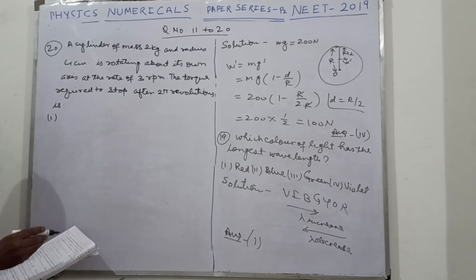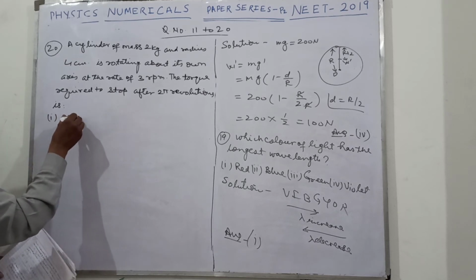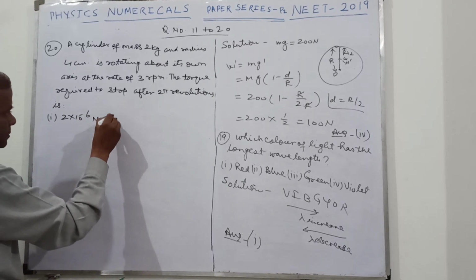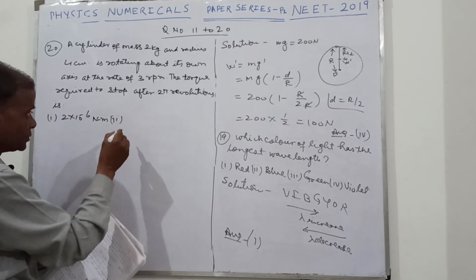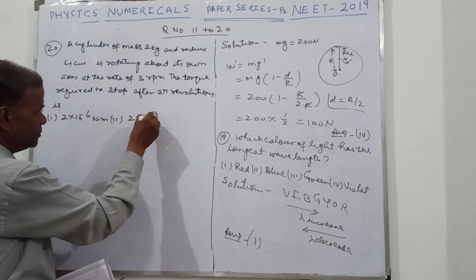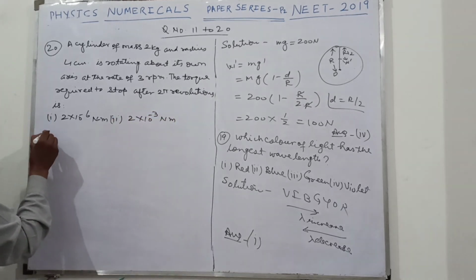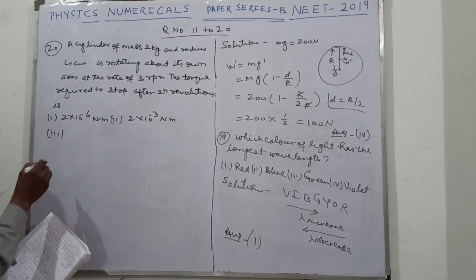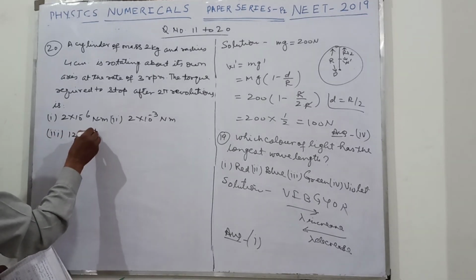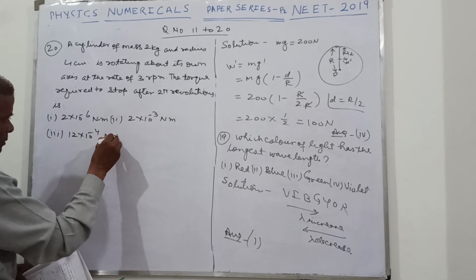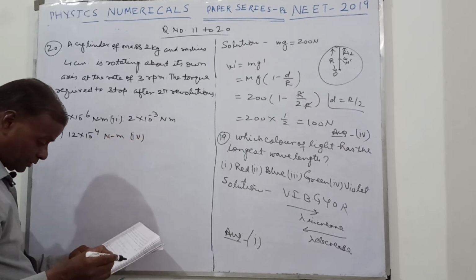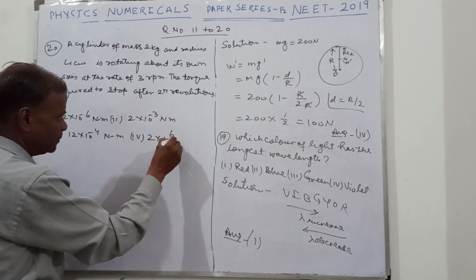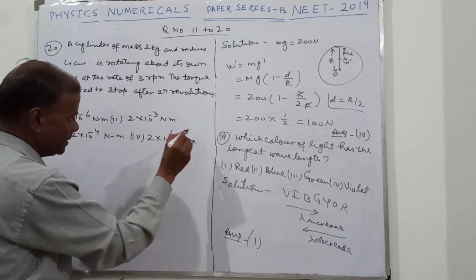First is 2 into 10 raised to the power minus 6 Newton meter. Second option is 2 into 10 raised to the power minus 3 Newton meter. Third option is 12 into 10 raised to the power minus 4 Newton meter, and fourth is your 2 into 10 raised to the power 6 Newton meter.